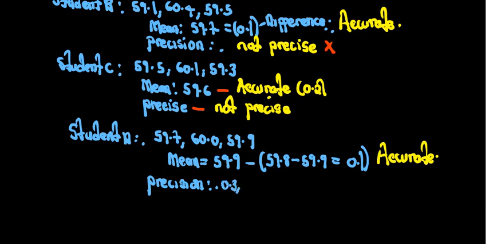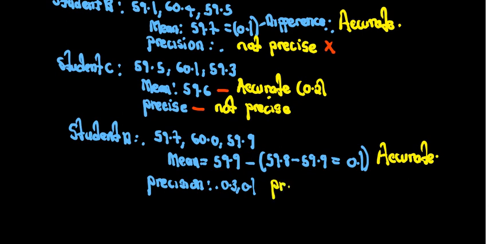And what about 59.9 minus 60.0? I am getting a difference of 0.1. So you could see that the difference between these numbers here was less than 0.5. So it means that the numbers for student D were really close to one another. So it tells you these numbers were what? Were precise.